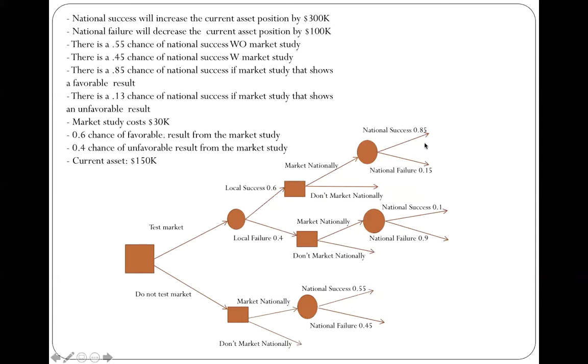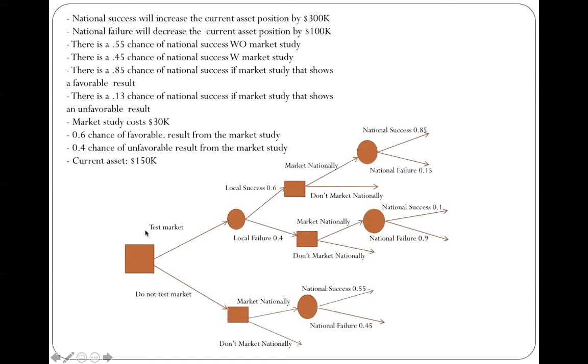When are we going to end up here? If we decide to test the market locally, and we observe a local success, and then we decide to go ahead and market the product nationally, and we observe national success, we end up here, right? In this scenario, what would be the asset value associated with this company? Remember, the company started with an asset value of 150K.